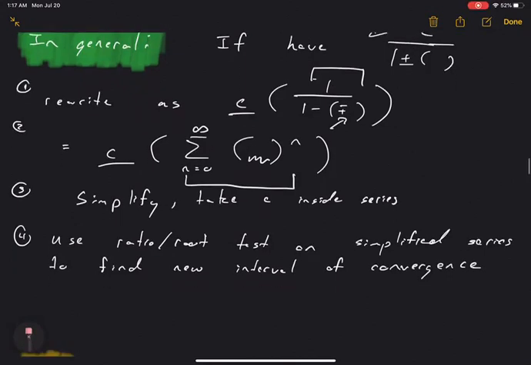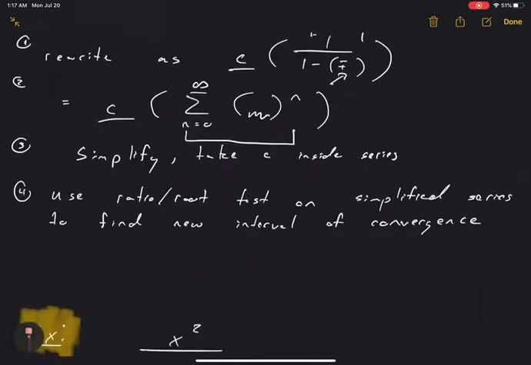Now the next step 3 would be to take this c inside the series and then simplify everything. And then that should be our power series representation. But then step 4 is usually where I ask to find the interval of convergence as well, and maybe radius of convergence.